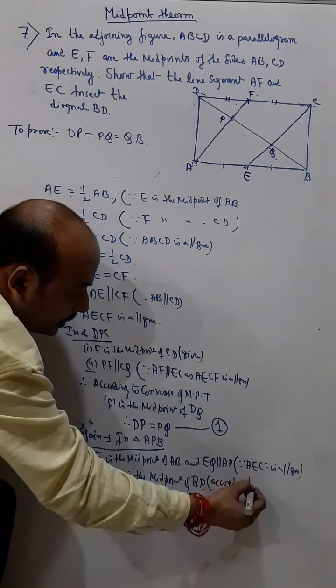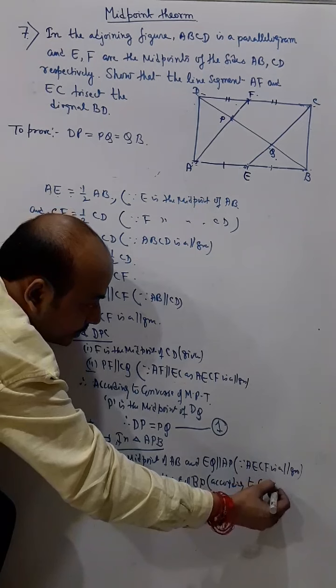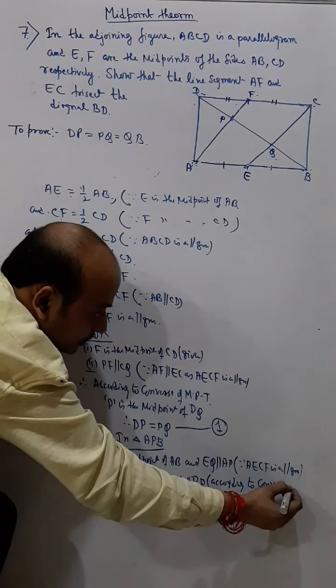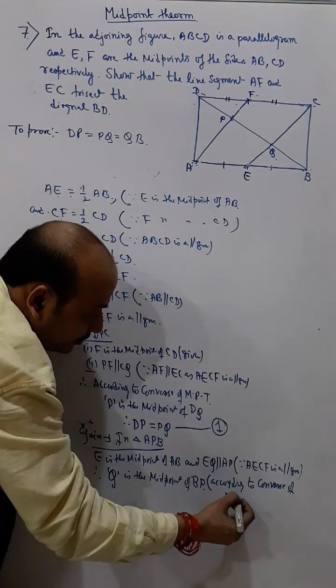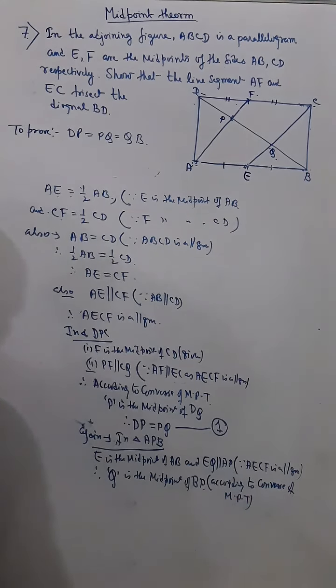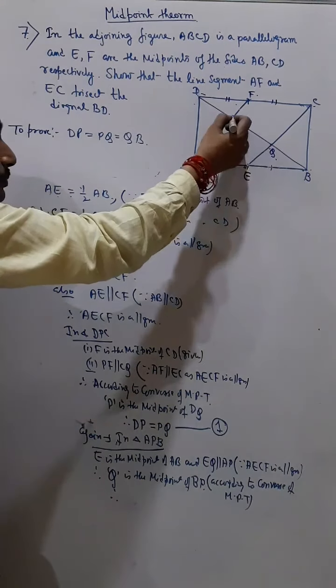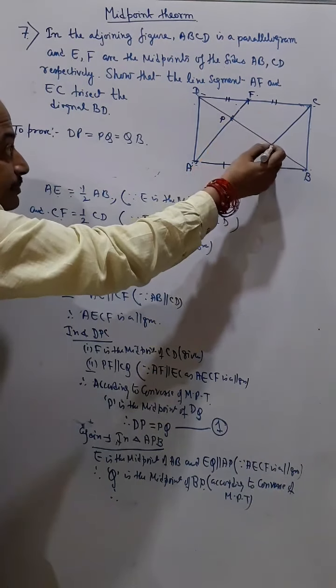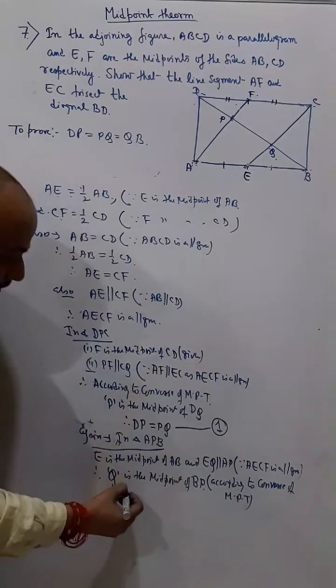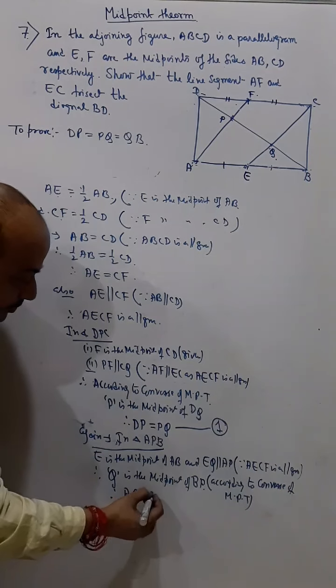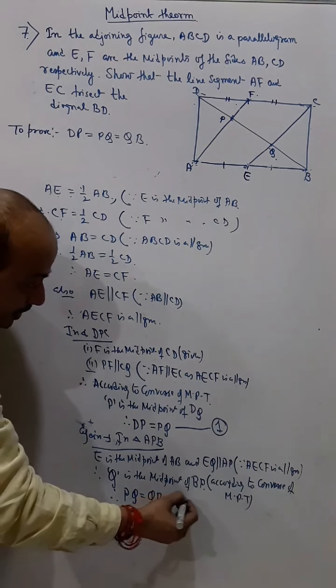Again, according to the converse of the midpoint theorem, from here we can say that since Q is the midpoint of PB, therefore PQ equals QB. Therefore PQ is equal to QB, and that is number 2.